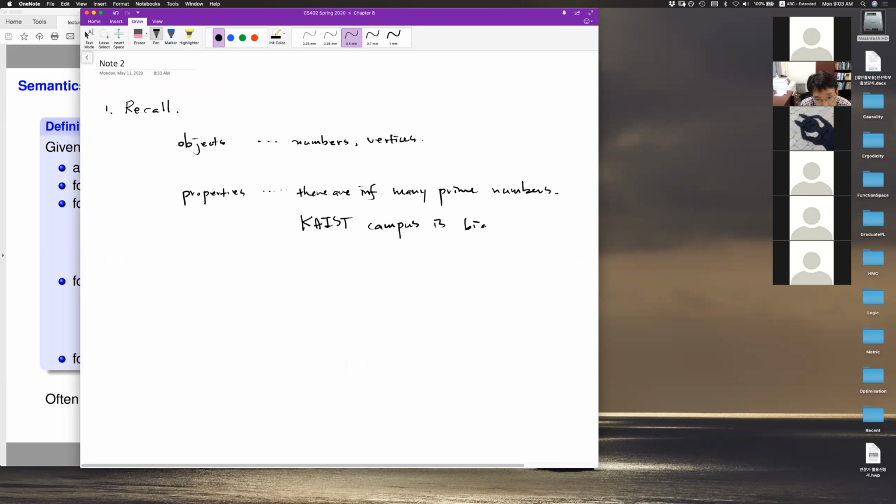This is another property. KAIST campus is an object, and this property is some fact or some claim about an object. The reason I talk about this distinction is because the syntax and semantics of first order logic have essentially two parts. One part is concerned with objects. The other part is concerned with properties.